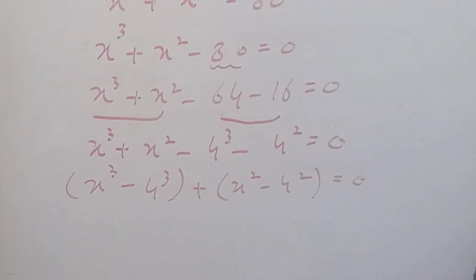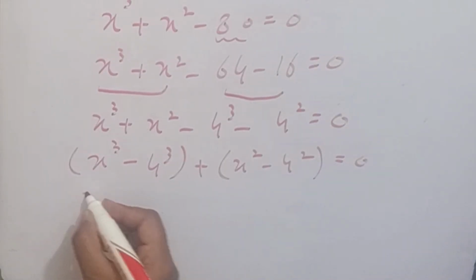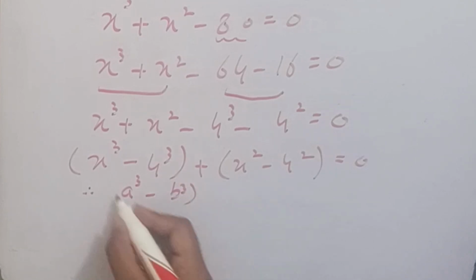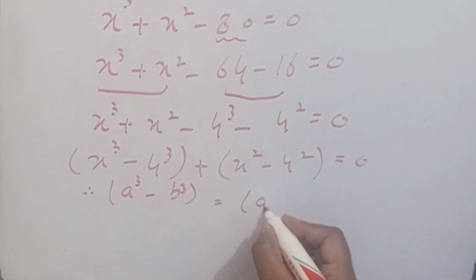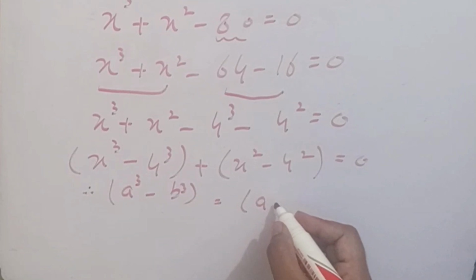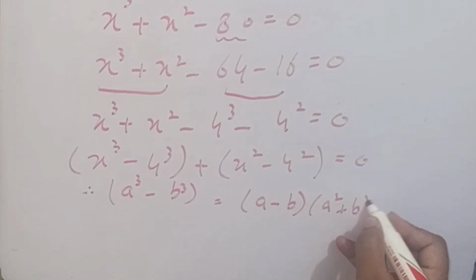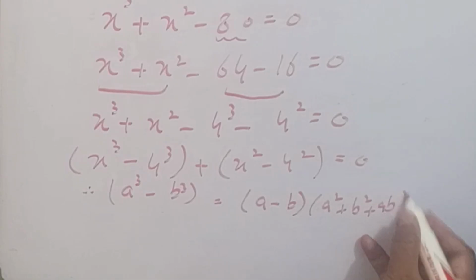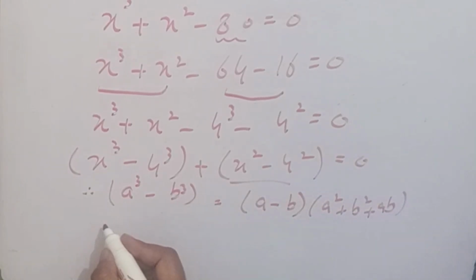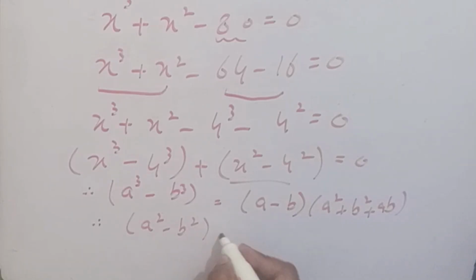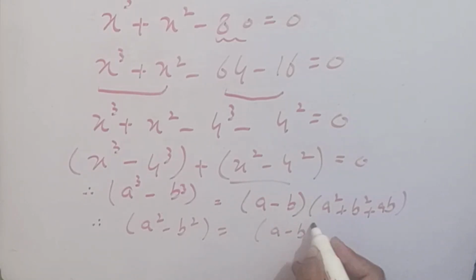Now in the next step we use the identity. The first identity which we use is a cube minus b cube. As we know, this is equal to a minus b multiplied by a square plus b square plus product of a and b. And the second identity which we use for the second term is a square minus b square, this is equal to a minus b multiplied by a plus b.